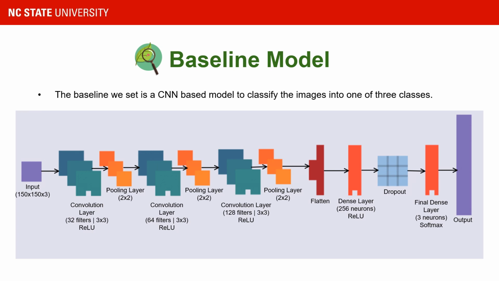We fed this input image into a series of three convolution layers and three pooling layers, where we increase the size of filters from 32 to 64 to 128. We have used ReLU as an activation function. After extracting features from our input image in the convolution layer, we send this to a pooling layer.